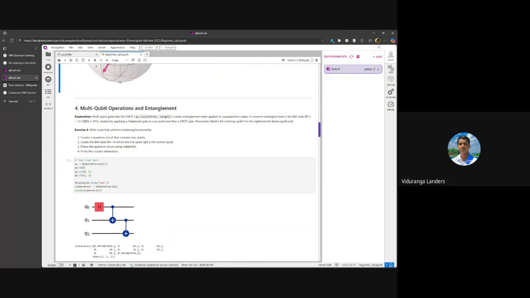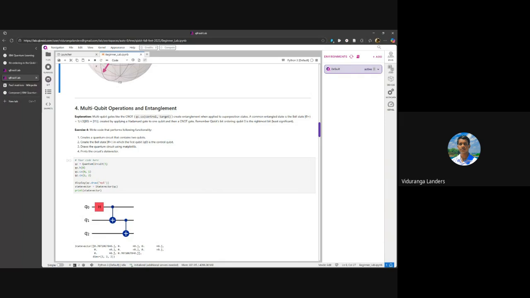So it is essential that we learn to use multi-qubit gates like CNOT. If you don't remember, this is the CNOT gate. What it does is it uses the control qubit, and does something based on its value to the target qubit.